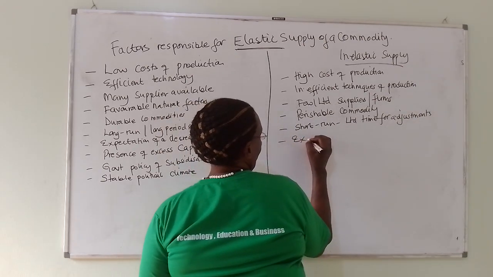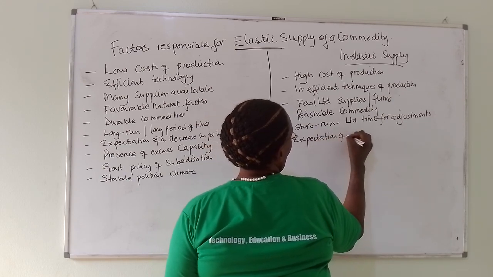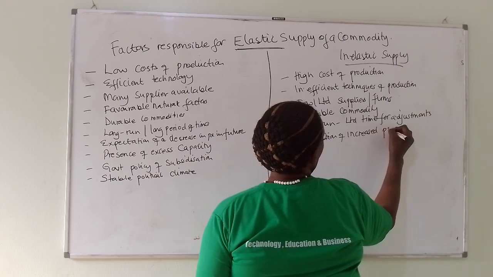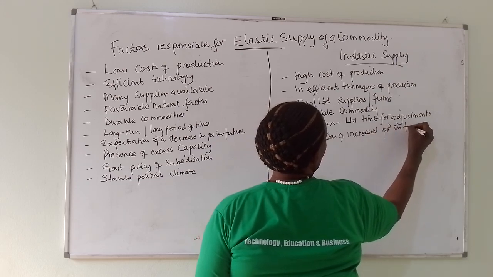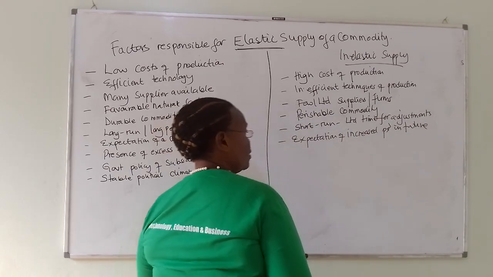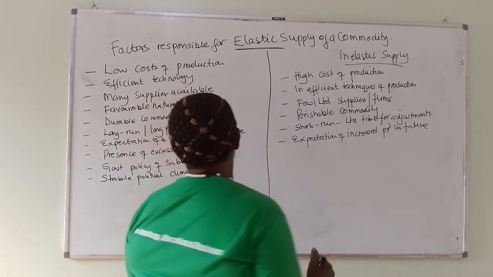Then wherever there is an expectation of increased prices in future, you'd rather not produce now when the prices are low, but wait, and as you are waiting, you are making supply to be inelastic.